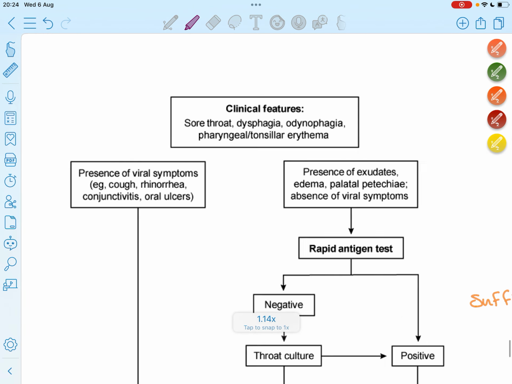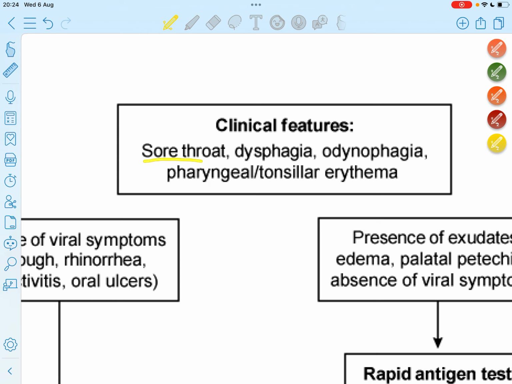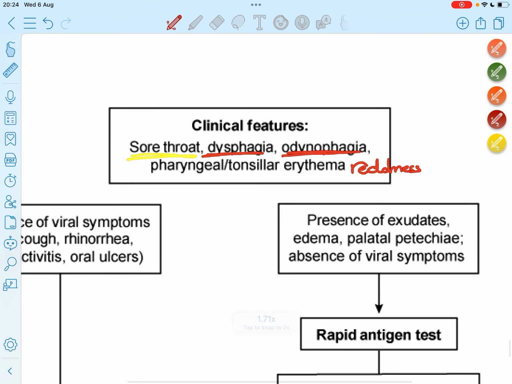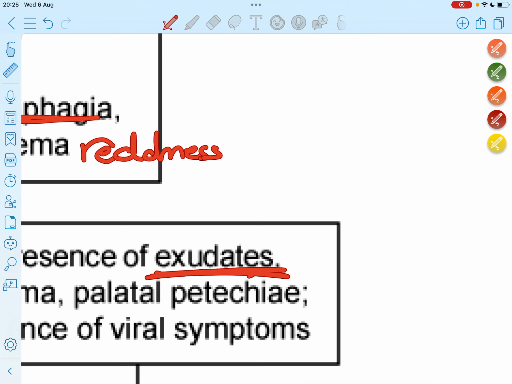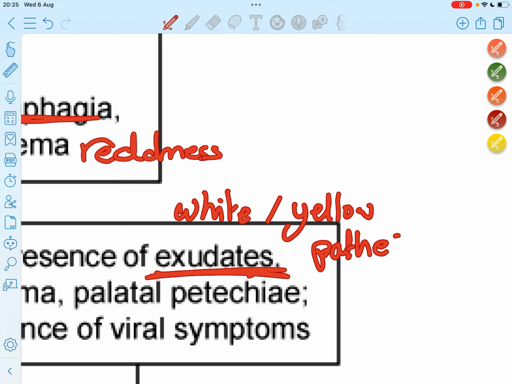Let's find out. If the patient comes with a sore throat, his throat is hurting, dysphagia, pain on swallowing, difficulty swallowing, and there is redness. And if we see exudate, what does exudate mean? It's when you open his mouth and you see white or yellow patches in the throat, like pus.